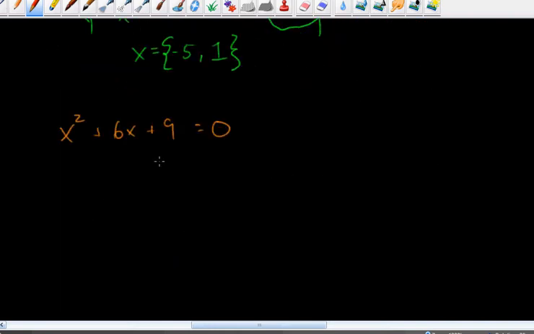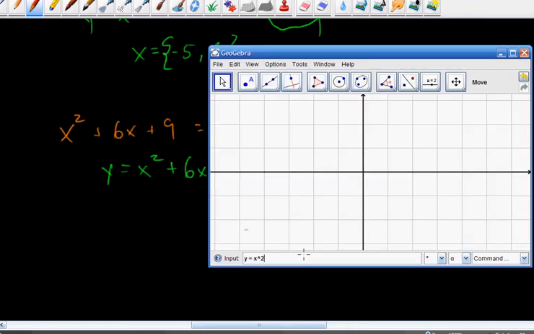Let's do another one. We'll start by swapping 0 for y and graphing the equation y equals x squared plus 6x plus 9. Notice how the graph hits the x-axis in this one place.